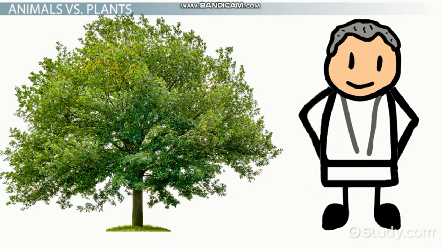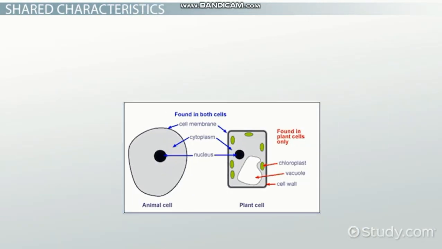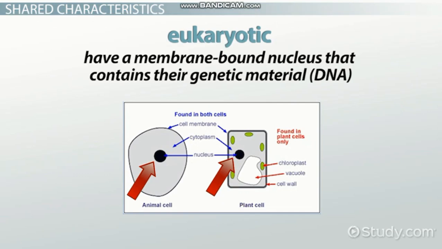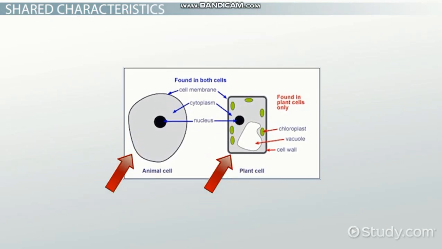Let's take a quick look at what animal and plant cells have in common, and then explore what makes them different. Both plant and animal cells are eukaryotic, so they have a lot of similarities. They have a membrane-bound nucleus that contains their genetic material, DNA. A semi-permeable plasma membrane surrounds both types of cells.